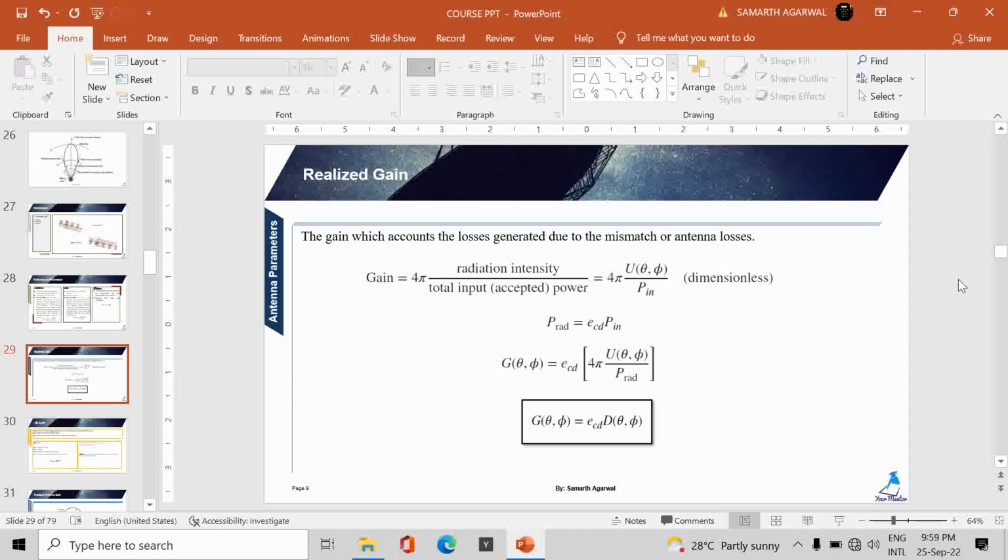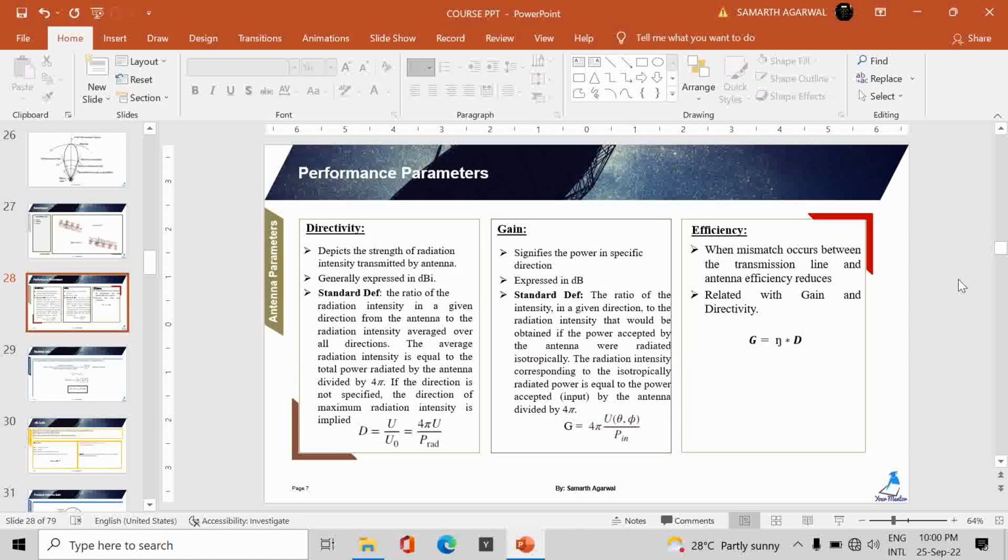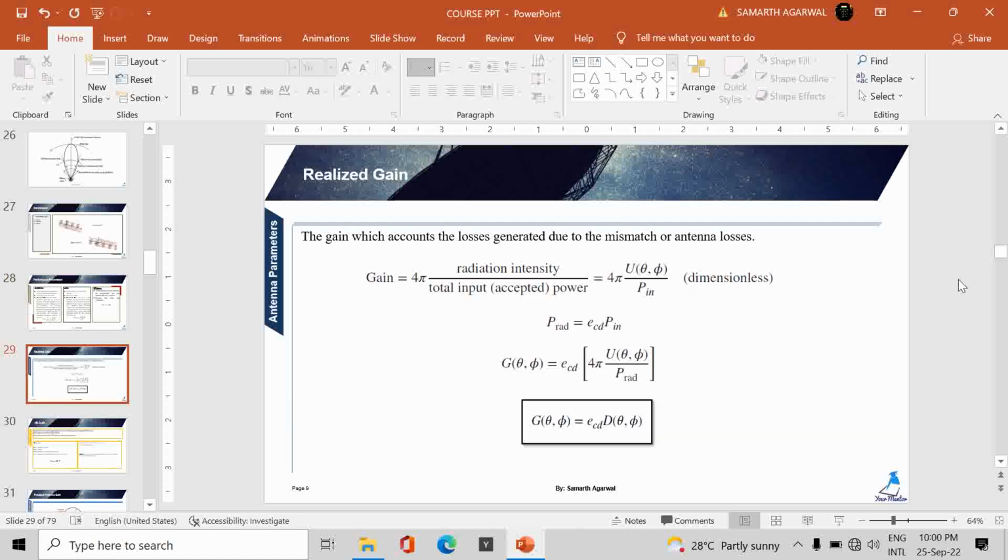Now further, there is also a formula which is based on the gain and accounts for the losses generated due to the mismatch or any antenna losses. So gain is 4 pi times the radiation intensity divided by the total input, or accepted, power, that is P in. That is the same as what we studied in the previous slide.